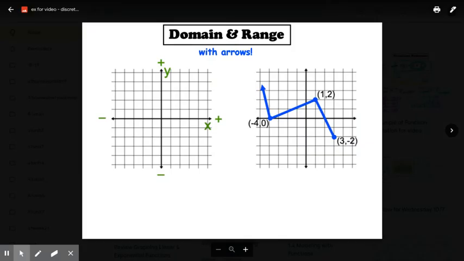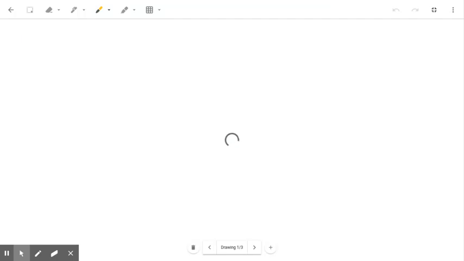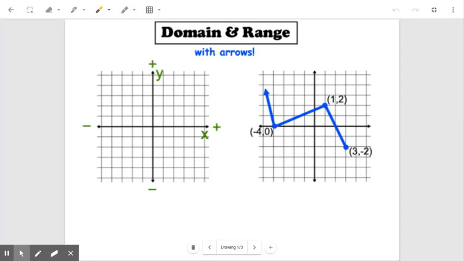So what did we do with domain and range with arrows? Well, first of all, if we remember, as we look at a graph, the x-axis goes from left to right, and to the left is negative, to the right is positive. The y-axis goes up and down. Up is positive, down is negative.